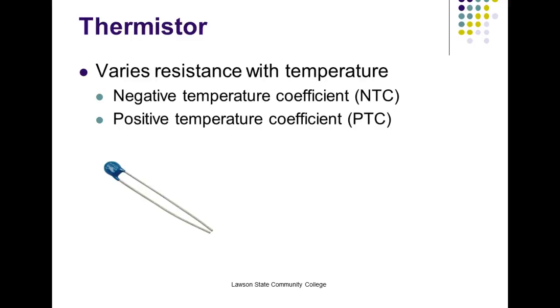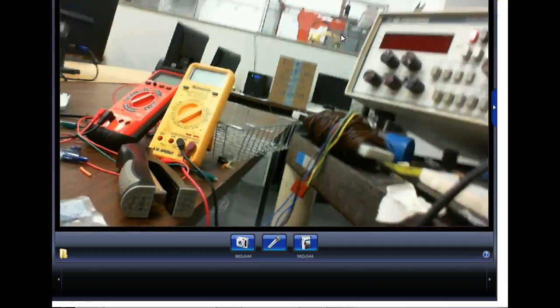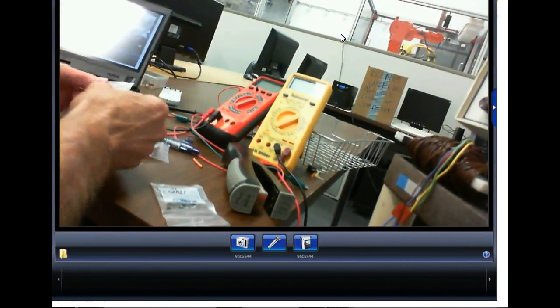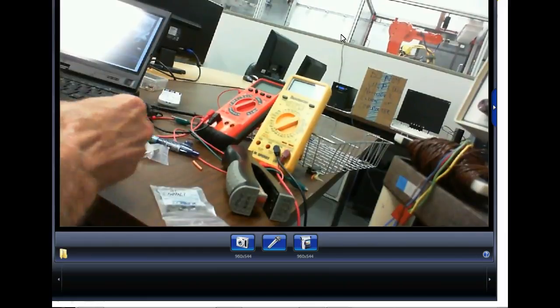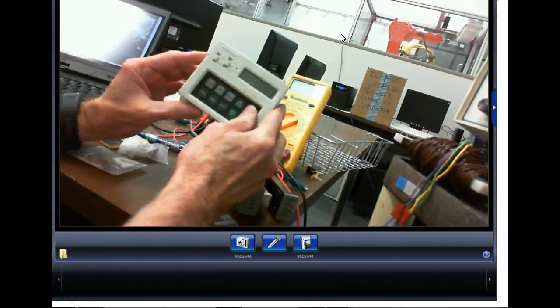Let's get one out. And we use these guys all over the place as temperature sensors. So I've got my meter right here, and what I wanted to show y'all is this old digital thermostat before I upgraded mine.